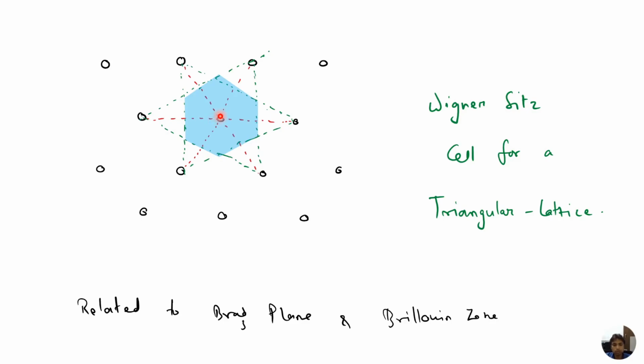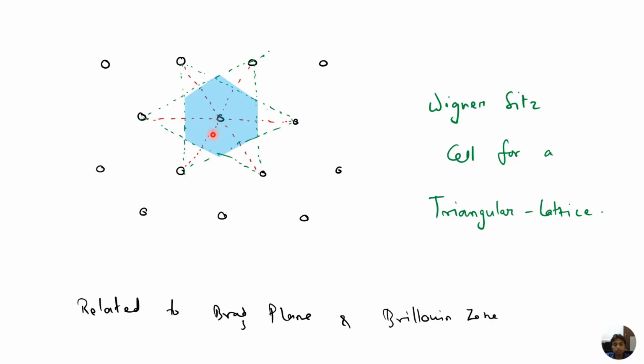The procedure is, from this point which you have chosen as the origin, you join lines with all other lattice points. Then you take the perpendicular bisector of all these lines. Okay.